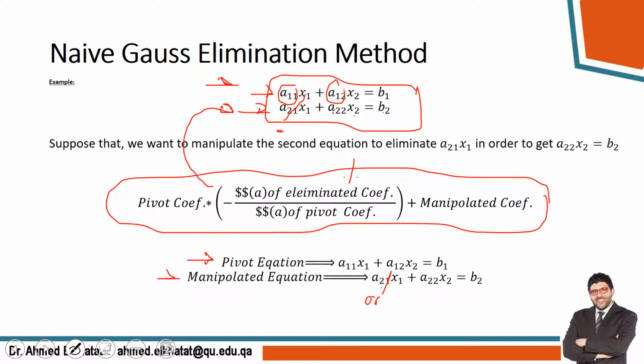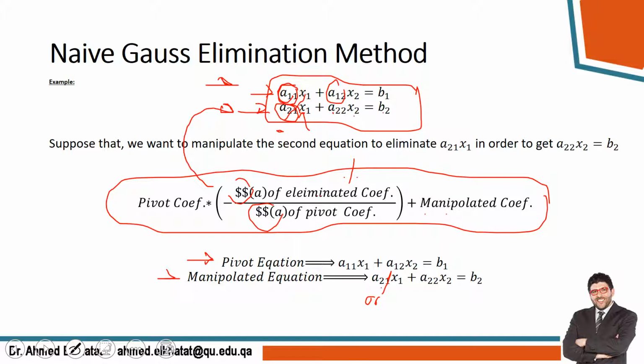So the pivot coefficient, the first one, times minus the constant, which is the coefficient of the eliminated equation over the coefficient of the pivot equation. This will be constant every time, plus the manipulated coefficient.